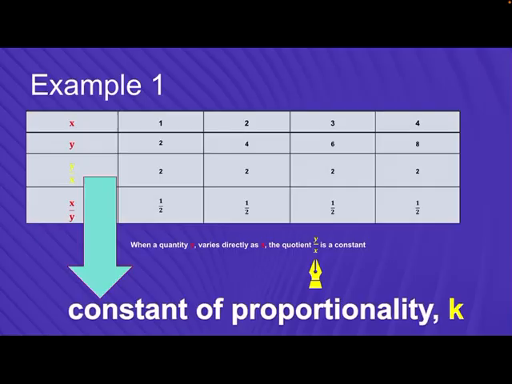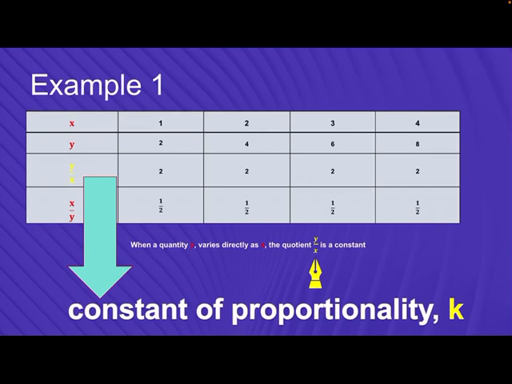Here is another example. Look at the table first. In the table we have values of x and values of y. Next we computed y over x and x over y. Why? Because we want to find the constant of proportionality. When x equals 1, y equals 2.